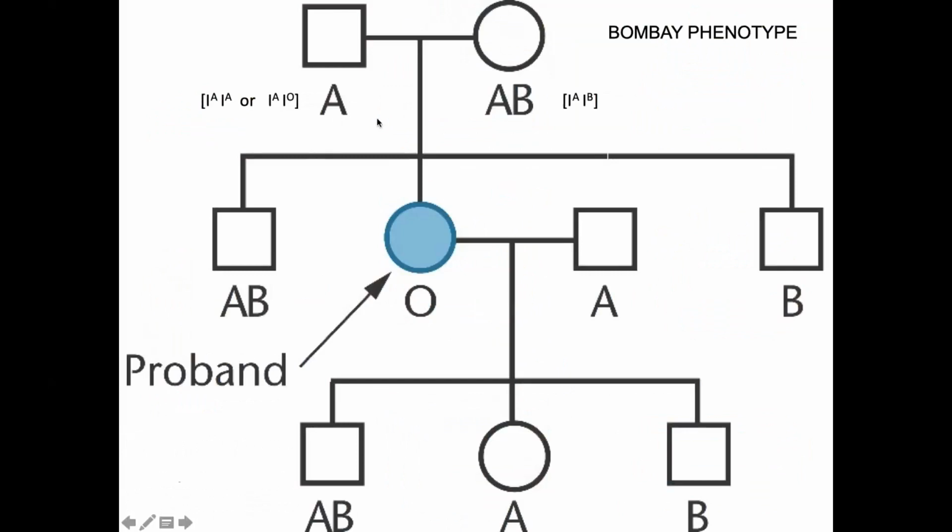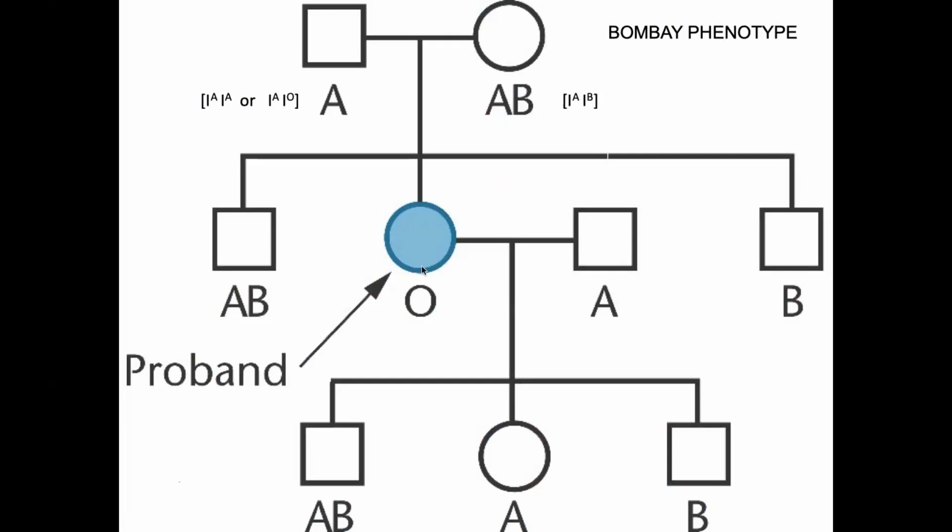What that means is that in order for this individual to be homozygous recessive for H, each of these two parents up here had to be heterozygous for the H gene. They carried a dominant allele, so they still had a blood type as determined by the I gene. But down here, this individual is homozygous recessive for H, so it doesn't matter what allelic combinations you carry at the I gene, you're still going to be O blood type.